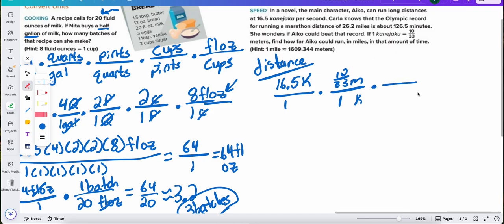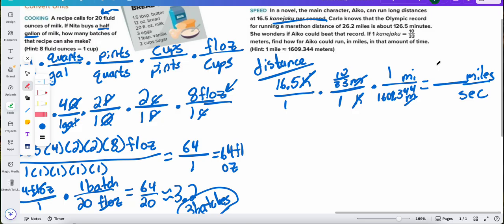Then we want meters to disappear, though, because we want our answer in miles. Well, 1 mile is about 1,609.344 meters. Okay. So then we'd go ahead and multiply this. Our units cancel out here, so that we have miles, and that is going to be in seconds, because that's what the original measurement was per second.